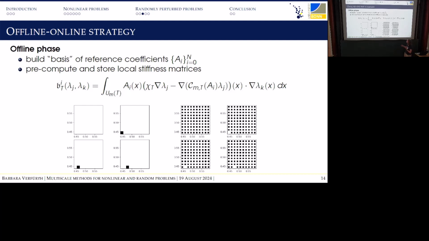You have to compute the correctors for these reference coefficients for these hat functions, and you have to calculate such integrals. So this gives a small rectangular matrix. And how do I build these reference coefficients? This is also done deterministically, and it's very important to do it this way. There's a formula on how to do it, but I want to illustrate this with my two examples.